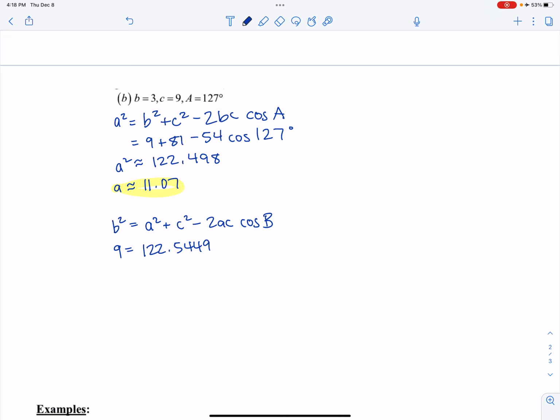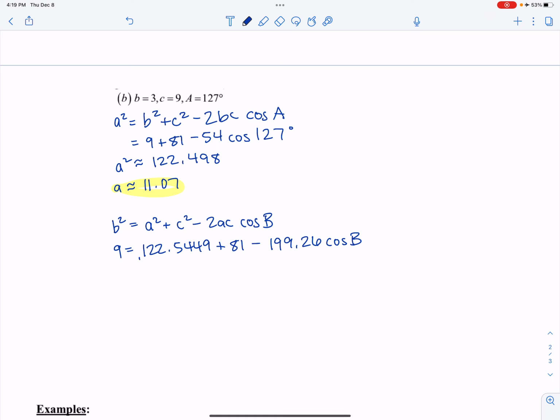That's a squared. Plus 81 minus 199.26 cosine B. The a really makes it a little messy.